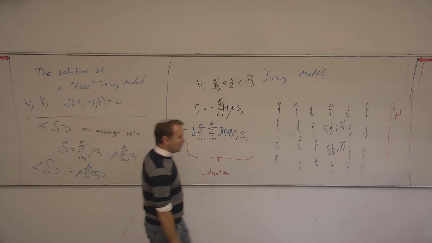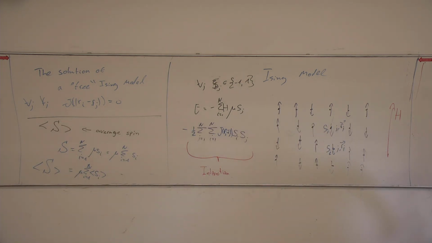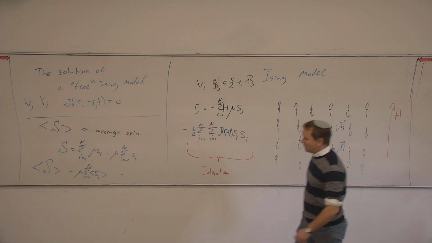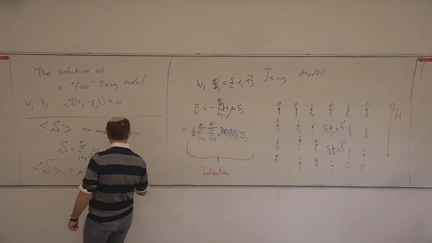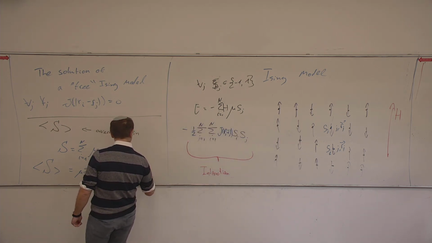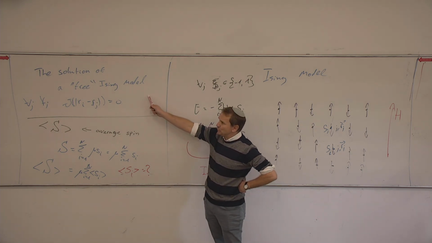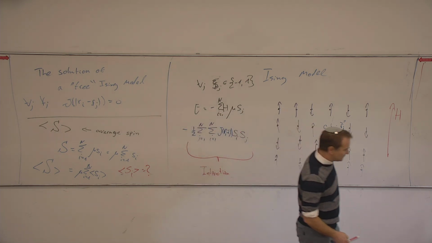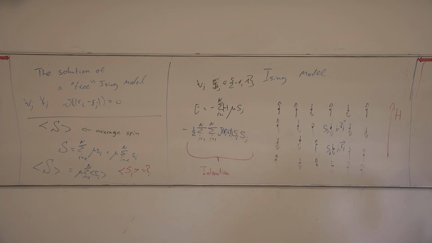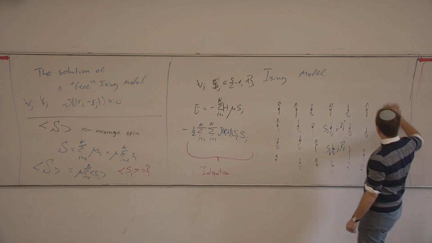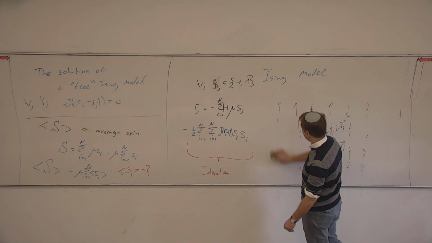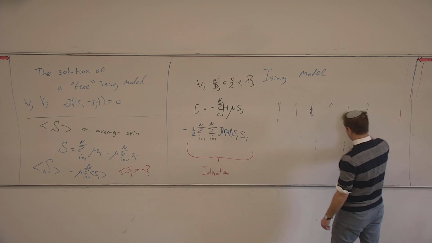So the basic quantity that we are interested in is this average of si. And specifically, we're going to use this free Ising case, at least at the beginning.